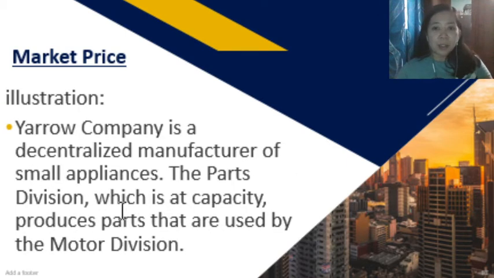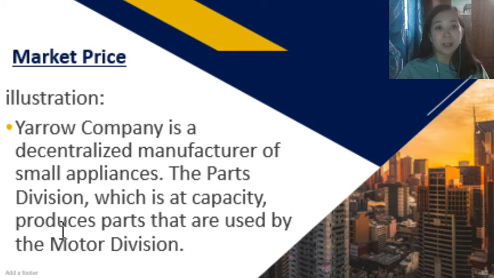Okay, so to understand this concept better, we will take this illustration. Yarrow Company employs a decentralized structure, and they are a manufacturer of small appliances. This company has two divisions.